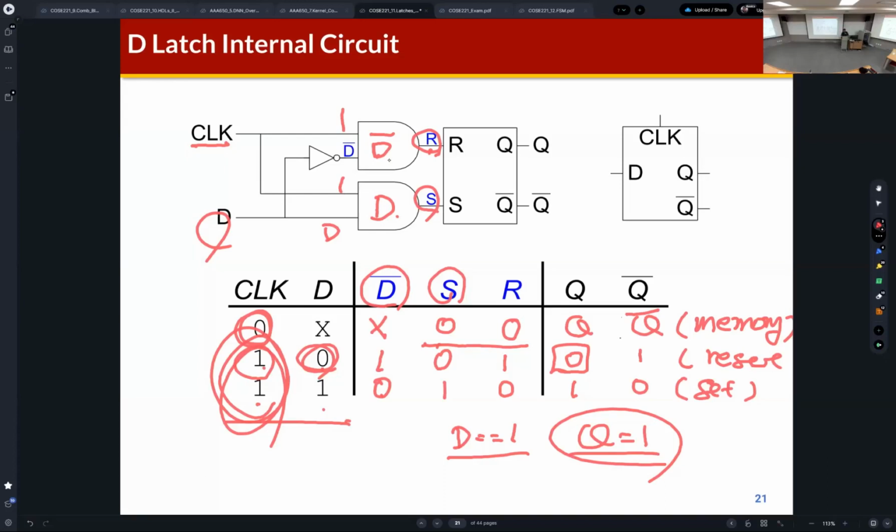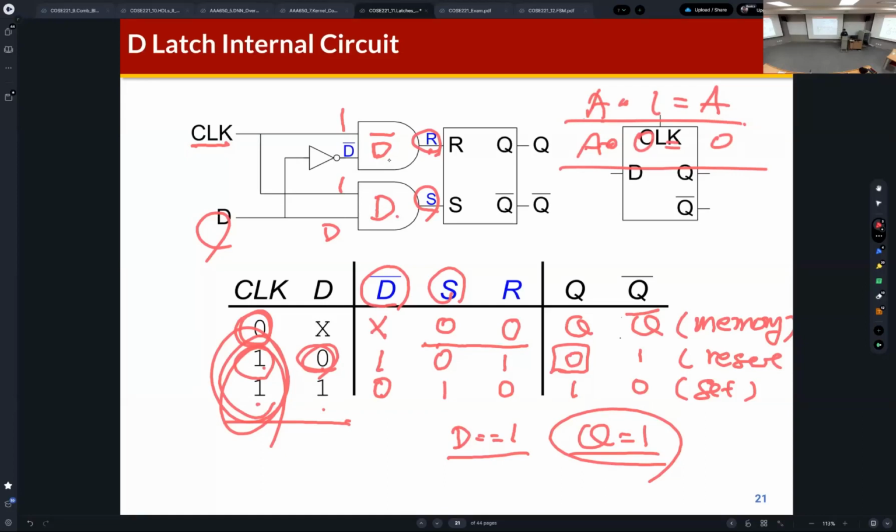A AND 1 equals A, which means the circuit is enabled by the AND gate, and A AND 0 equals 0 regardless of A, which means the circuit is just disabled.